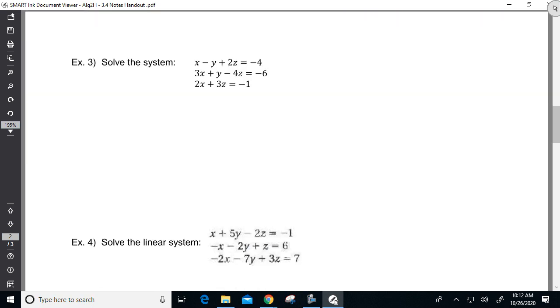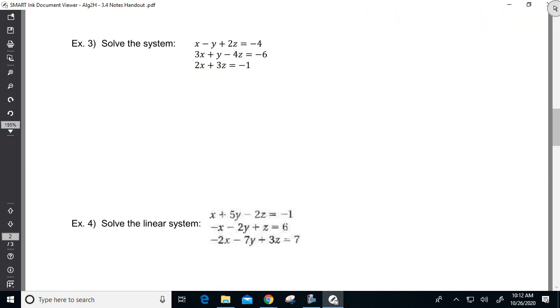All I can tell you is that we did substitution and elimination for a reason. We did it with two variables so that you can use it with three variables. So in our examples, we're going to be doing different problems in which we can use substitution and elimination. Ultimately, you're on your own to figure out how to make the problem work.